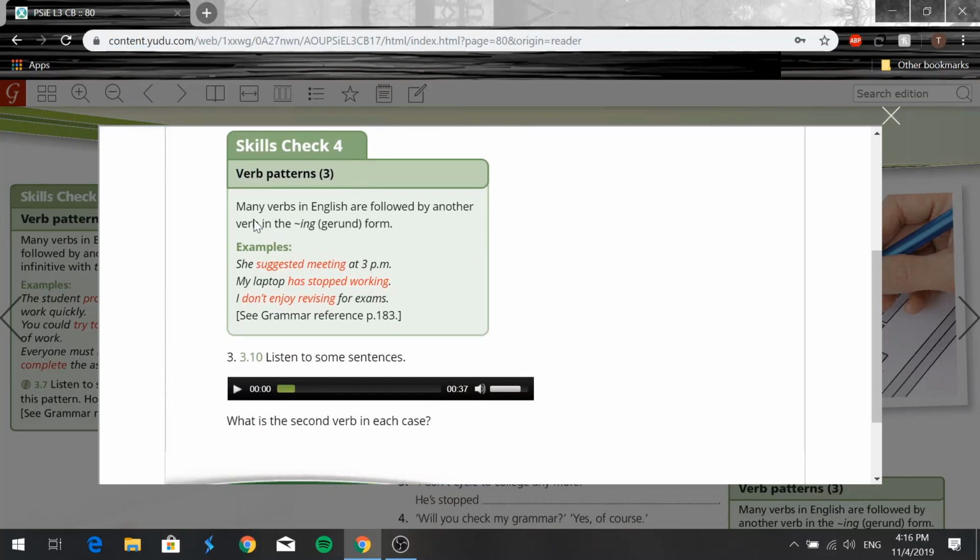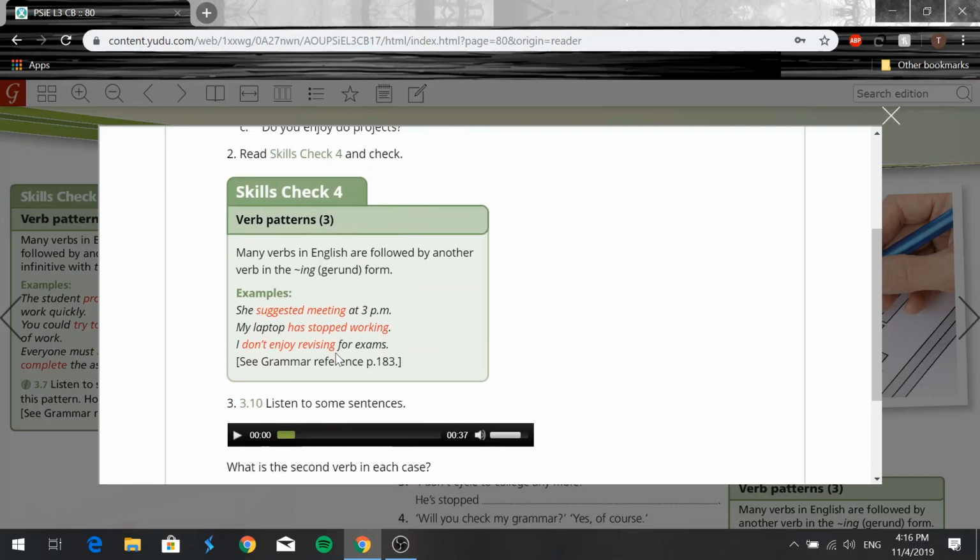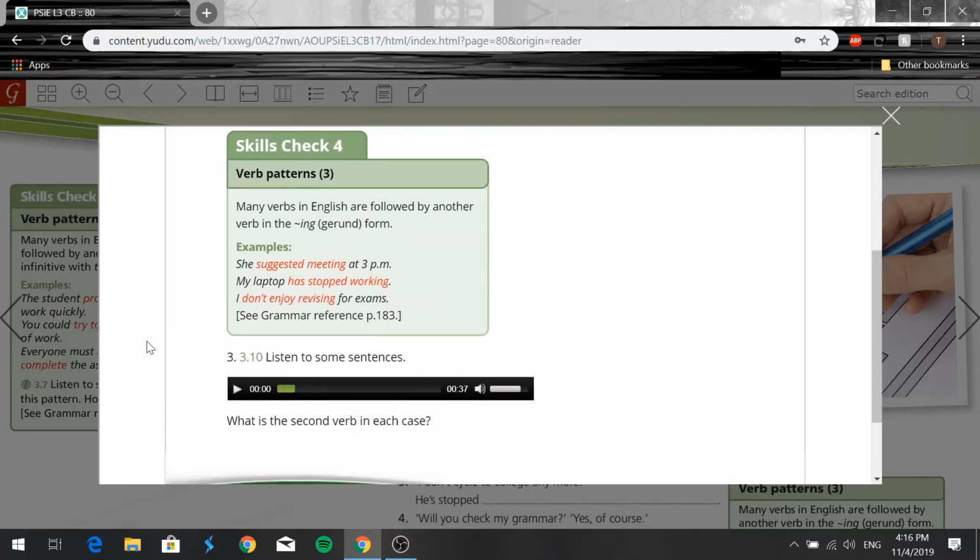So like the previous verb patterns, there are many verbs in English that are followed by another verb in the ing form, right? Just like I said. So here we have some examples. She suggested meeting at 3 p.m. I didn't say she suggested to meet at 3 p.m. See, I can't speak today.